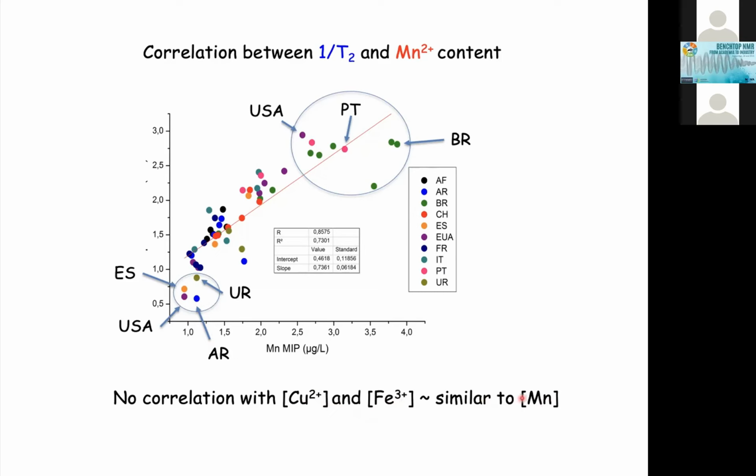Iron has a similar concentration to manganese in wine, but there is no correlation. And we think the iron 3 or iron 2 ions are bound to some organic molecules, and the ethanol and water cannot have easy access to these molecules, and then it doesn't interfere in the relaxation time.